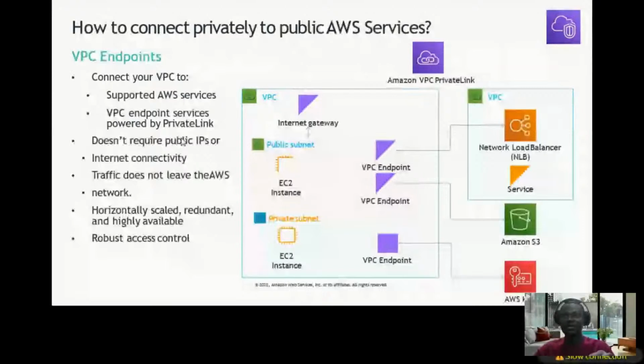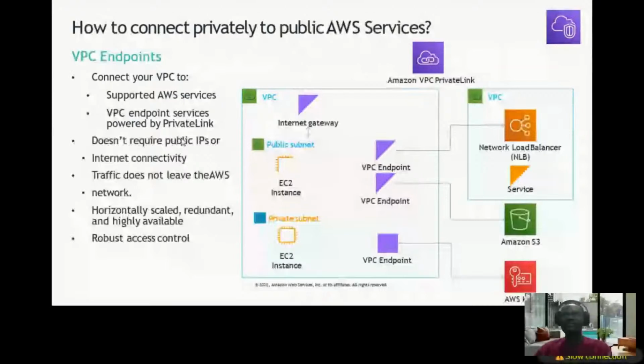It doesn't need public IPs or internet connectivity, so it can be functional without internet connection. Traffic does not leave the AWS network. Within the AWS network, it does not go to the internet at all.